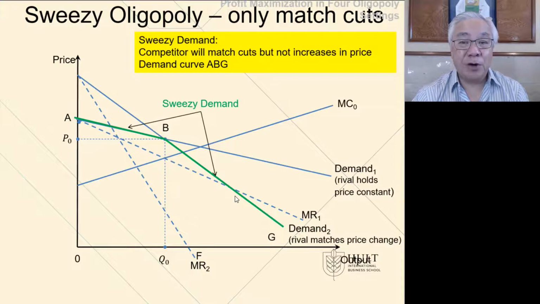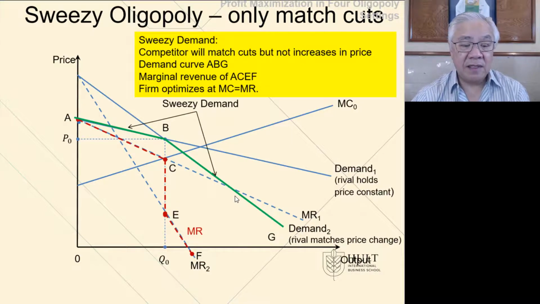Now, that makes the marginal revenue a little more complicated, because we're going to have marginal revenue based on D1 from points A to B, and then we're going to have a different marginal revenue from B to G, right, from B down to the bottom. And this is what it looks like.